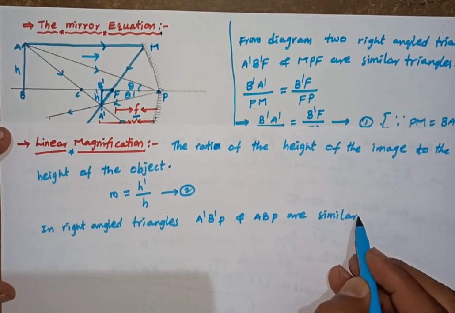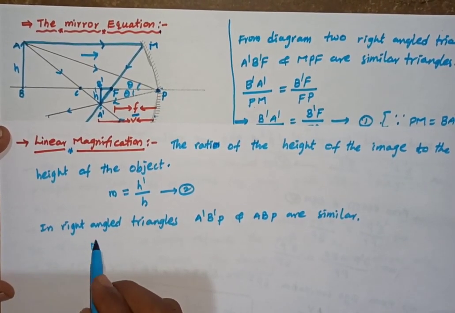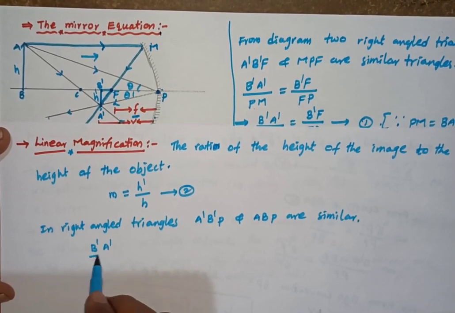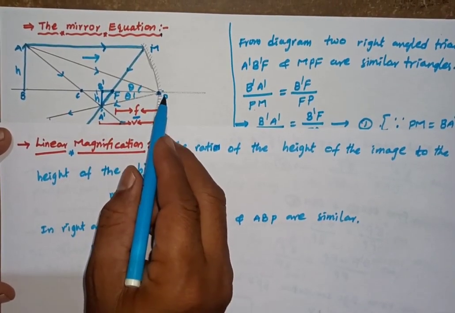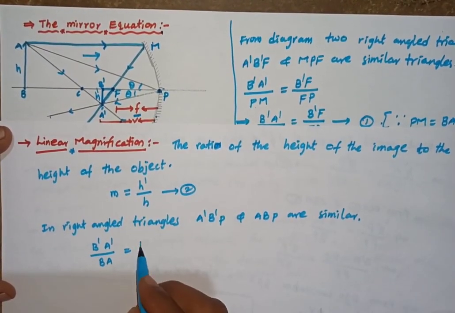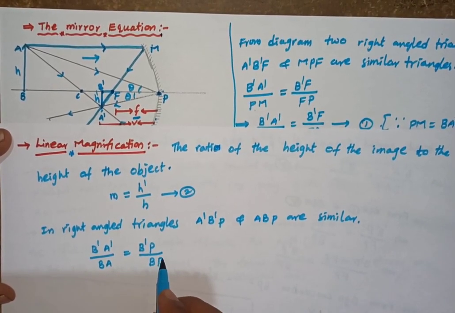Already we have discussed similar. So then we can write B'A' divided by BA equals B'P divided by BP.